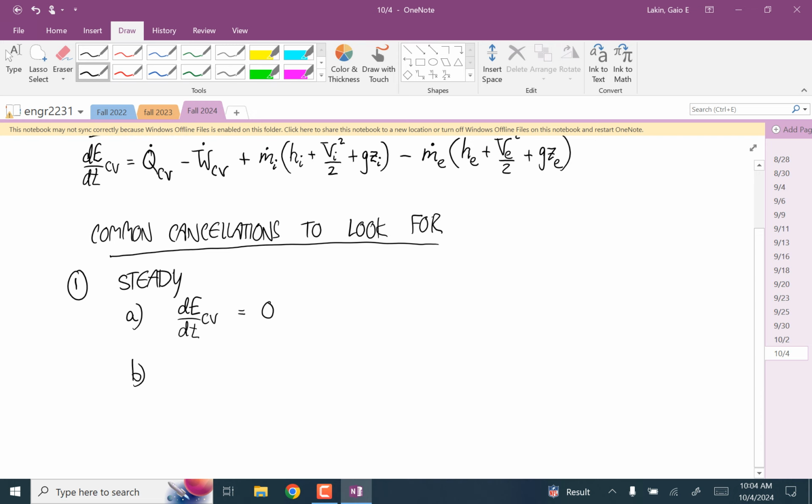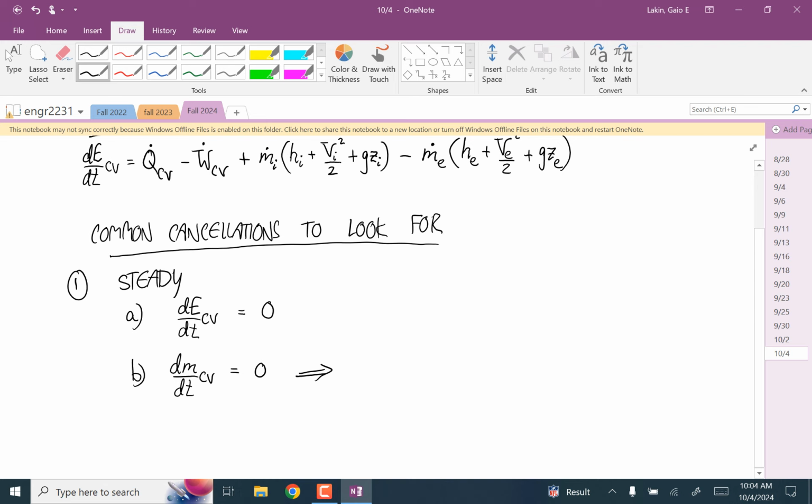And second, since there's no change in the mass inside the control volume over time, we get the following thing.